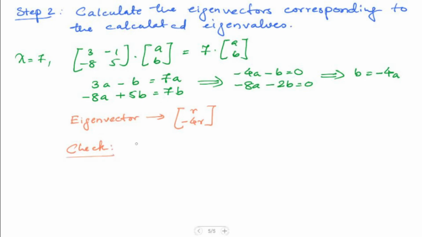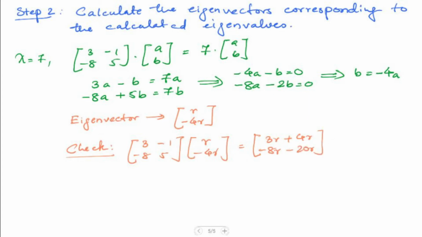Let's take the matrix A, that's 3, minus 1, minus 8, 5, times the eigenvector (r, minus 4r), and that will give us 3 times r plus 4 times r, and here we have 8 times r minus 20 times r.